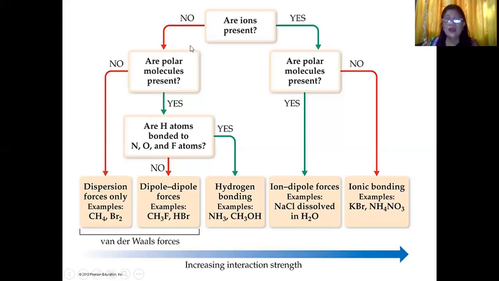Then if there are no ions, is it a polar molecule? If there is a polar molecule present, is there hydrogen bonded to nitrogen, oxygen, or fluorine? If there is, it is a dipole-dipole. If not, it is a dispersion.